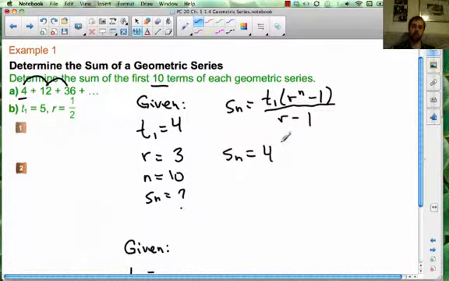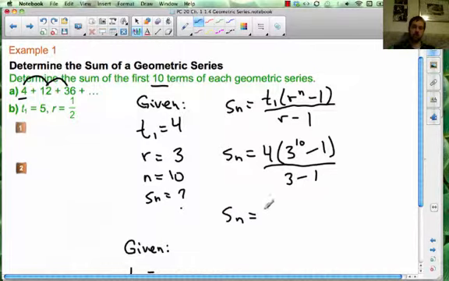So t1 is 4. r is 3. And we are doing that to the power of n, which is 10. Then we're going to subtract 1. Then we're going to divide by r minus 1. And r is 3. So 3 minus 1. So s sub n is 4 multiplied by something divided by 2.